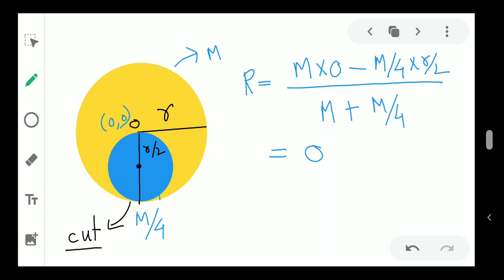So if we do this, that will be 0 minus mr by 8 divided by, now this will be 5m by 4. Now you can just cut out m and m, this 4 will go.